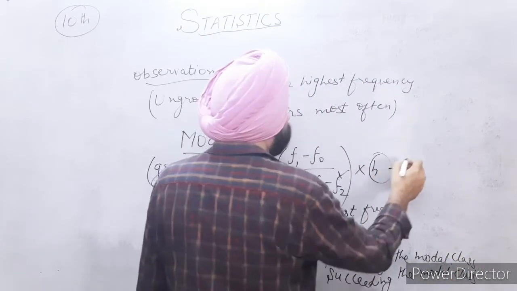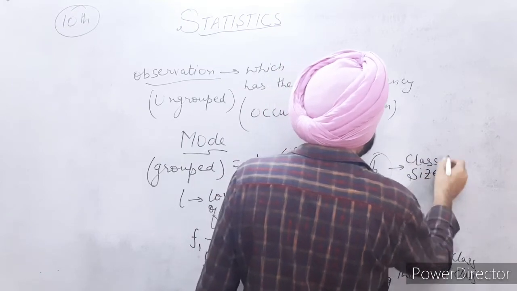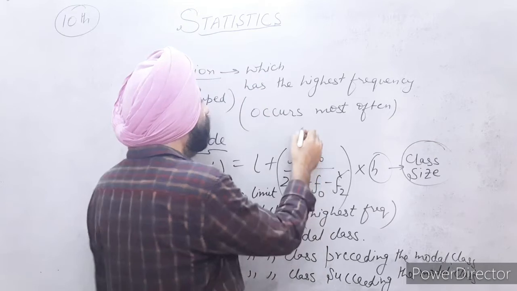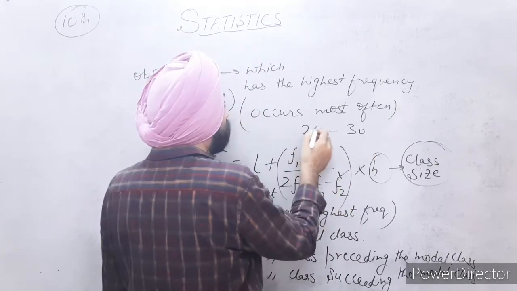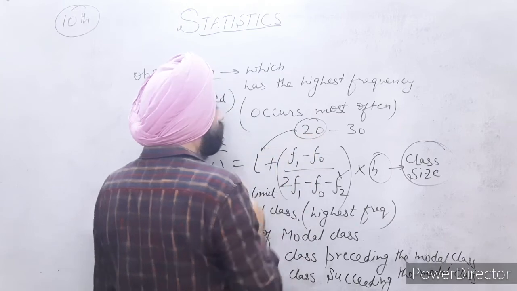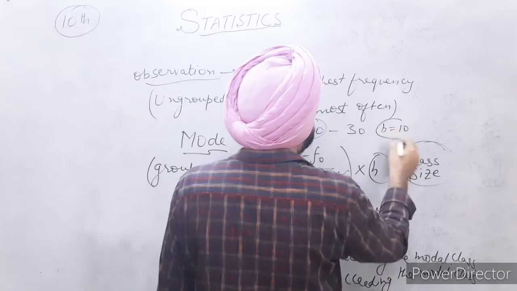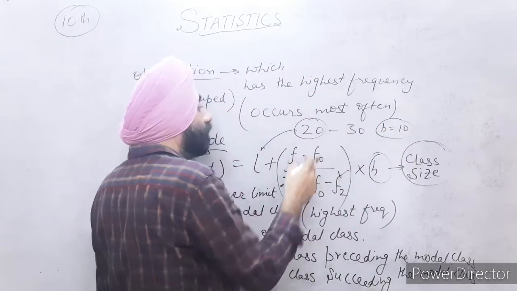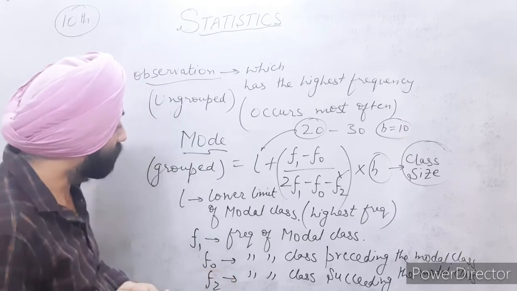H is the class size. Just like 20 to 30, right? If this is the modal class, 20 is the lower limit, I take it as L. And what is H? H equals 10, the class size. There is a difference of 10 only, 30 minus 20. It is 10. H is called the class size.